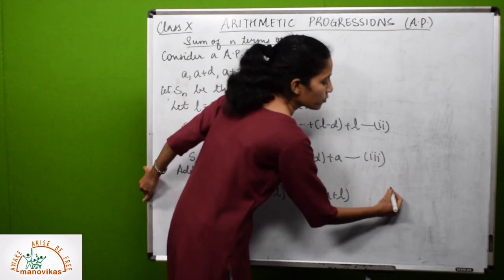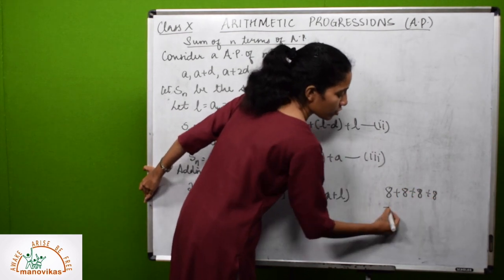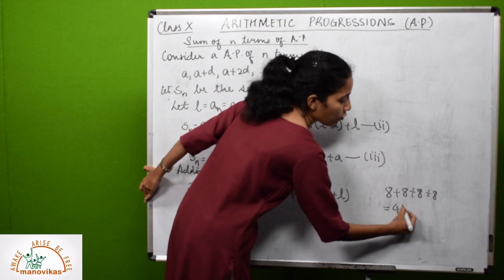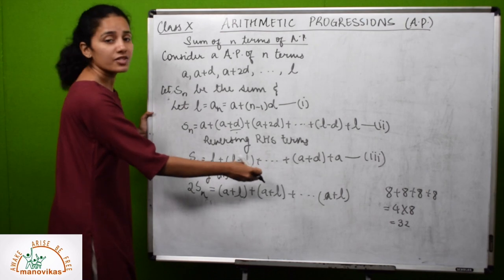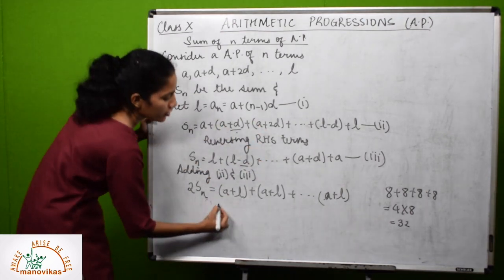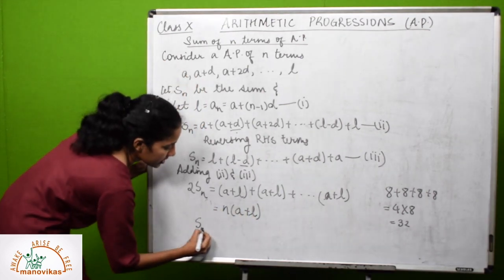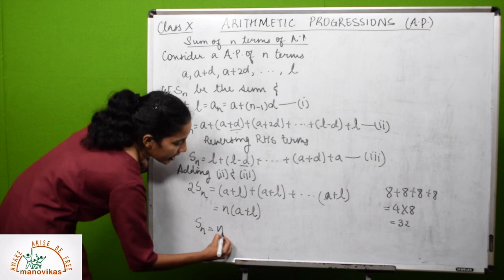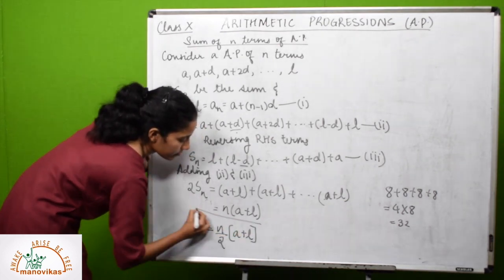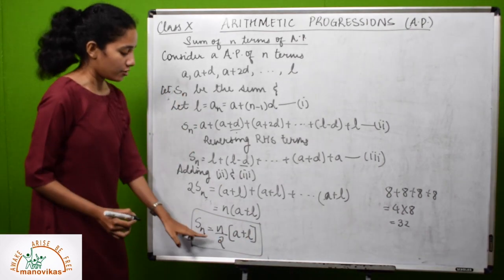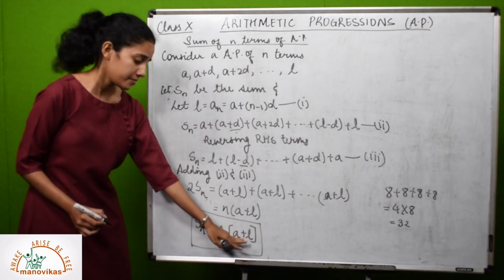And we know that, suppose you have 8 which is added 4 times, then in the shortest way I can write it as 4 into 8, which is 32. In a similar way, a plus l is added n times, so this will be n into a plus l. Therefore Sn is equal to, taking the 2 down, n divided by 2, a plus l. This is the sum of n terms for a finite sequence when the last term is given.